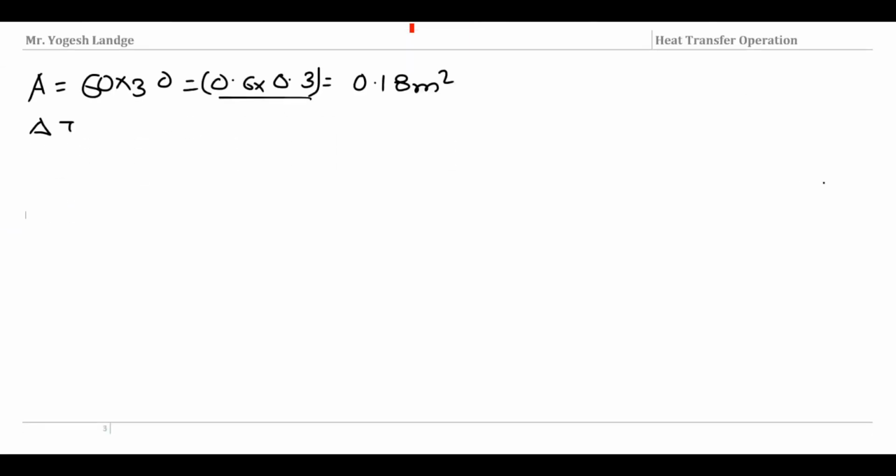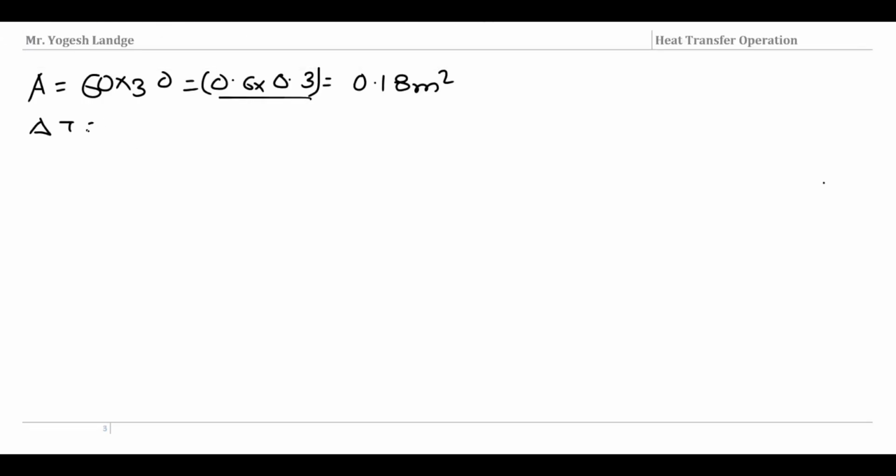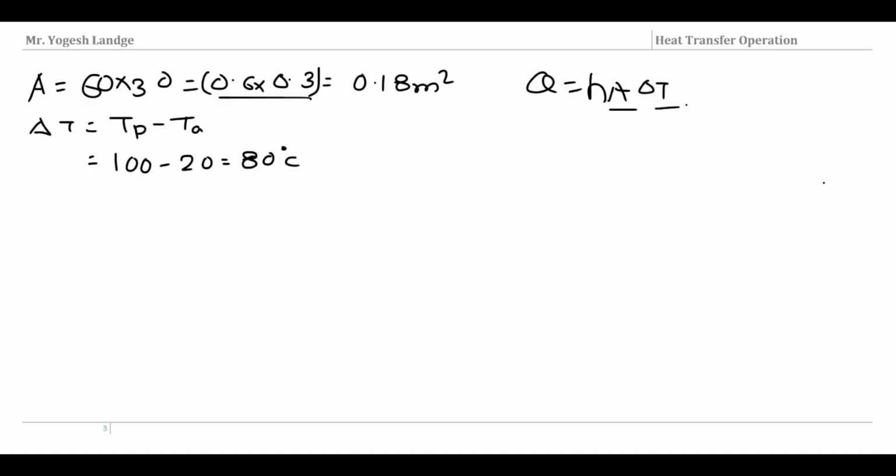So the temperature of the plate, which is 100, minus the temperature of the air, which is 20. It comes to 80 degrees Celsius. Now, with the help of the formula Q is equal to h A delta T, we have calculated these two values.